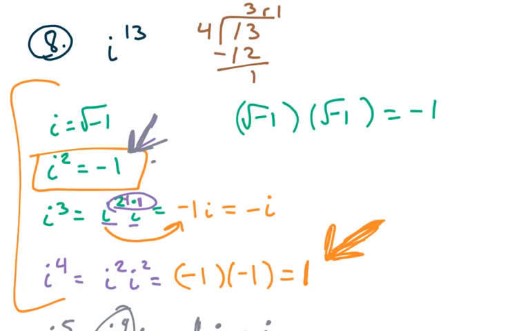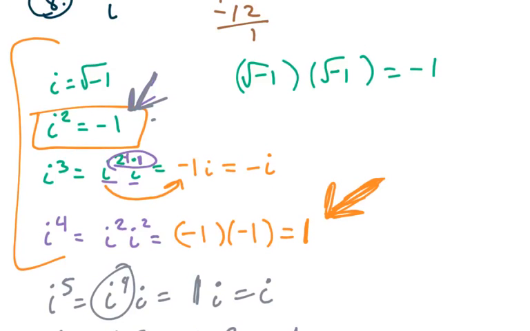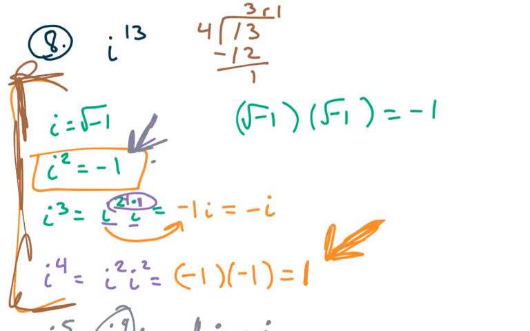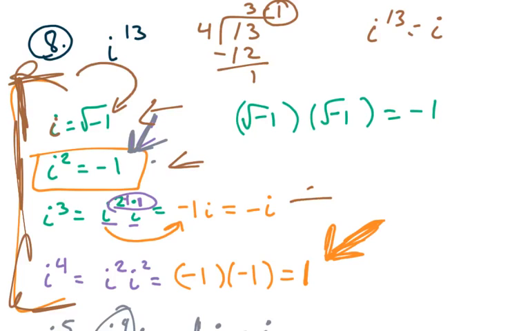I like 3 remainder 1 because what it means is I cycle through this pattern 3 times, and then the next time is where I stop. And because it's 1, I'm going to stop with i. So the answer here is that i to the 13 is just i. This remainder tells you which one of these it becomes.